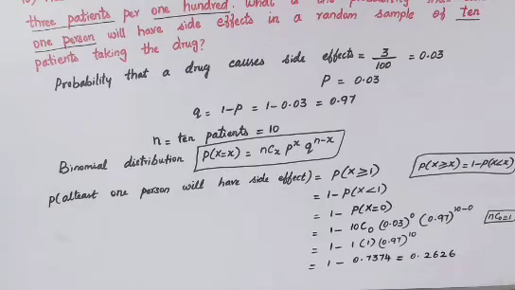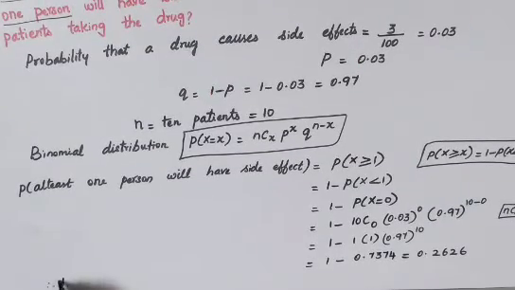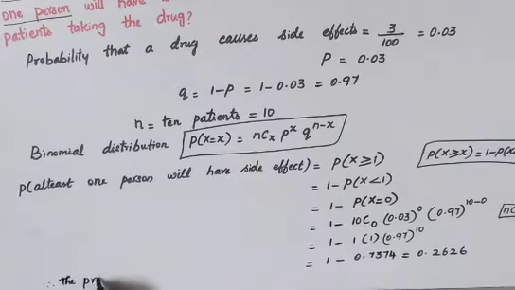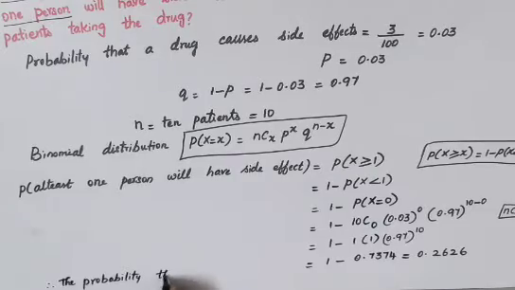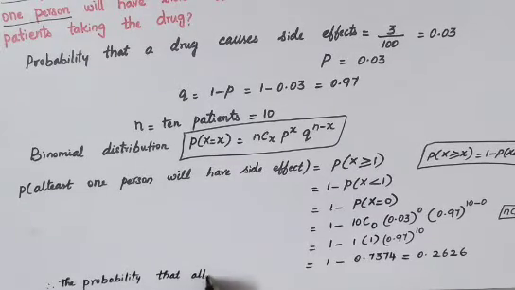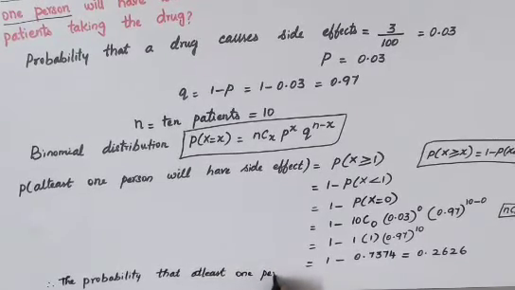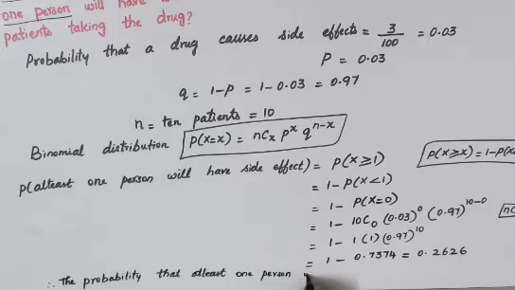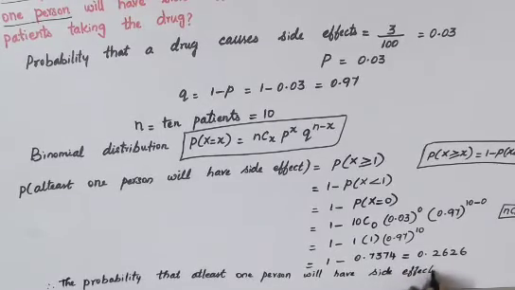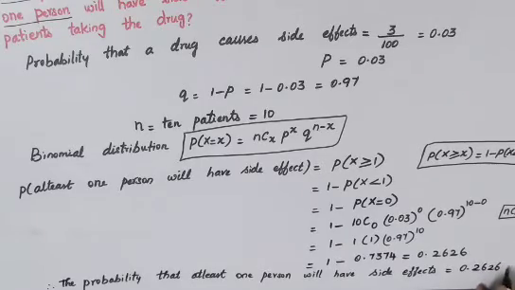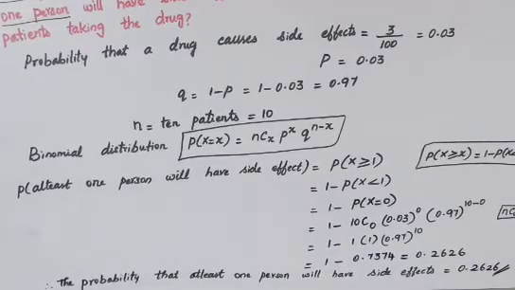Therefore, the probability that at least one person will have side effects is 0.2626. So this is the answer for the 18th question.